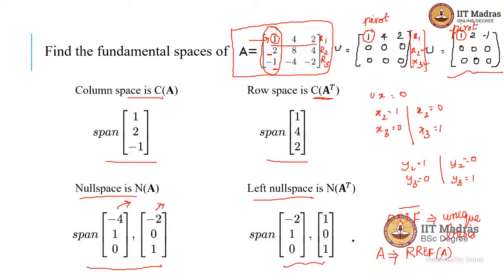So this is only for computing your row space, not for the column space. I'm telling for row space. So once you have formed this reduced row echelon form, then the rows of this RREF constitute your basis for the row space, the non-zero rows.